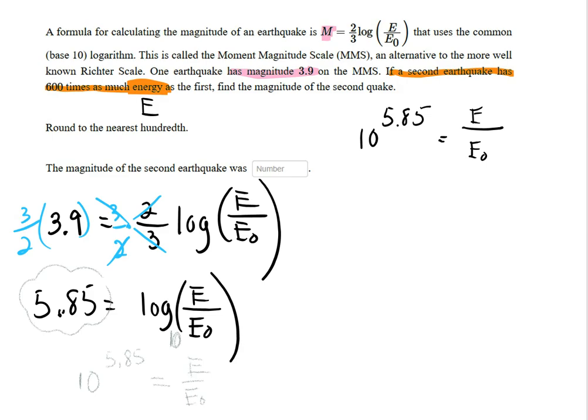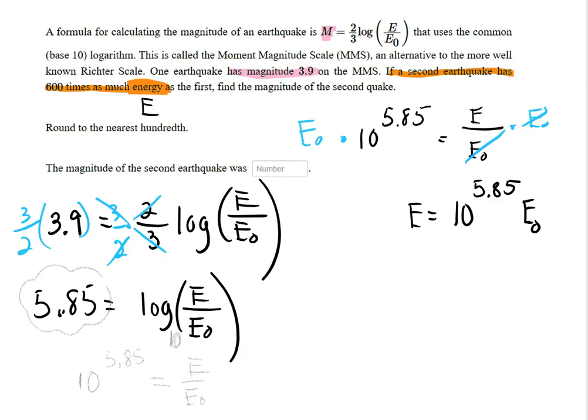And then to solve for E, I would multiply both sides by E sub 0, so that cancels. So basically, the energy that the first earthquake has would be 10 raised to the 5.85 times whatever the initial energy was.